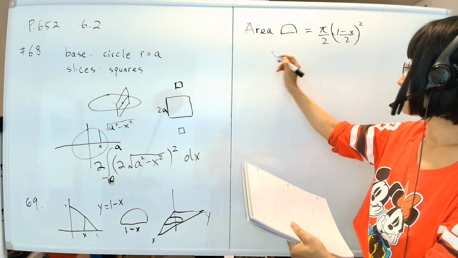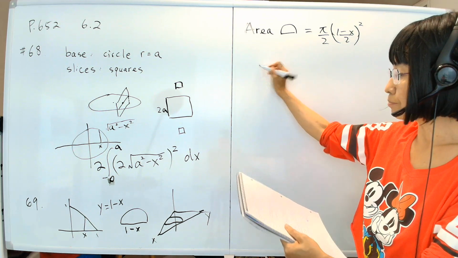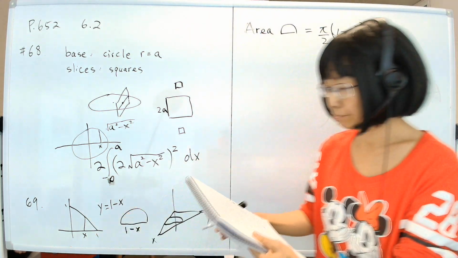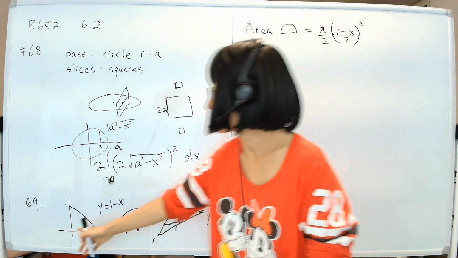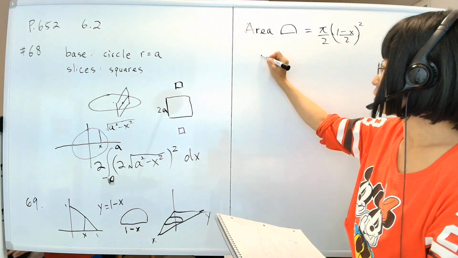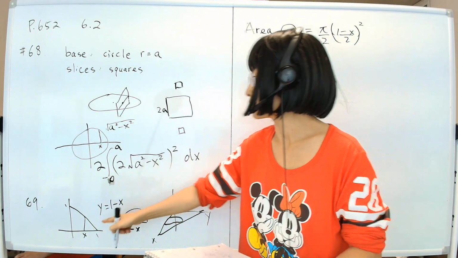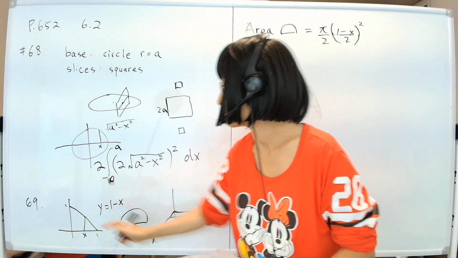And then you realize that the volume is found by integrating from 0 to 1, x goes from 0 to 1. We're integrating the slices, the thickness of the slice is dx. It goes this direction.